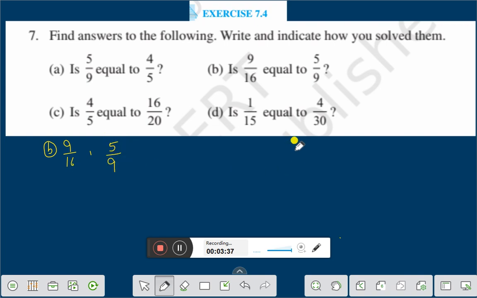First of all, we find the LCM of 16 and 9. It will be divided by 1 only, that is 16 and 9, right? Therefore LCM is equal to 16 into 9.